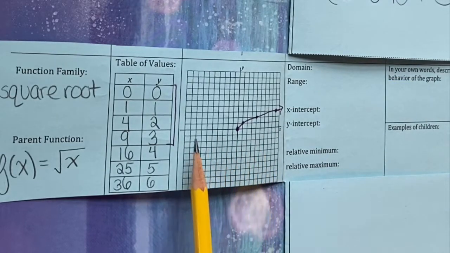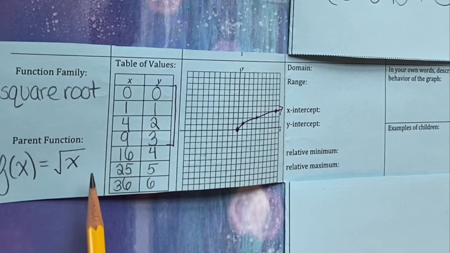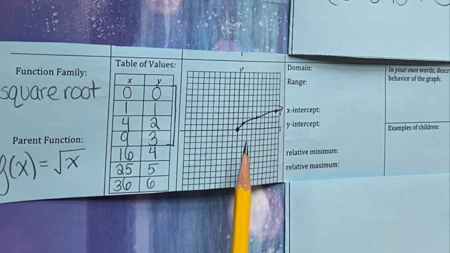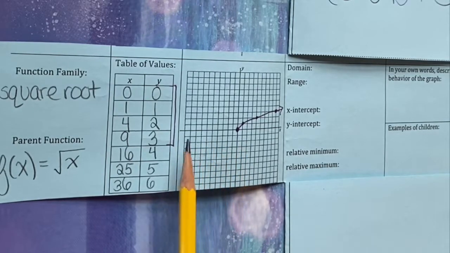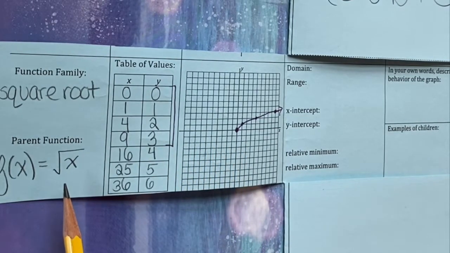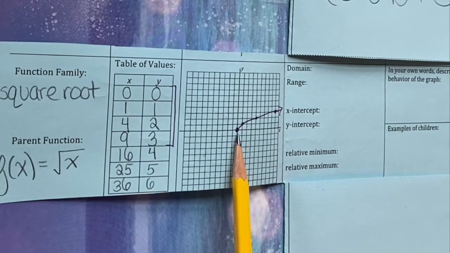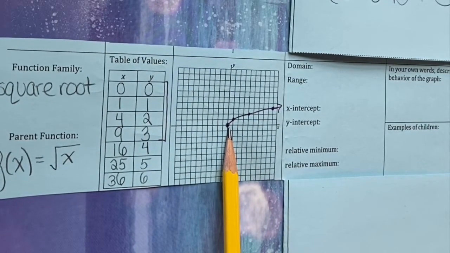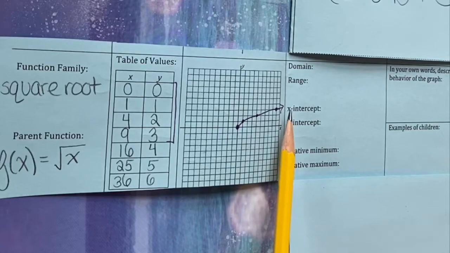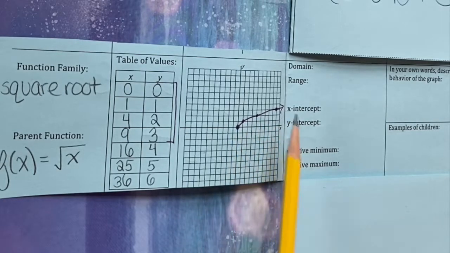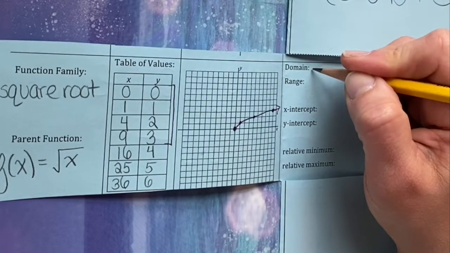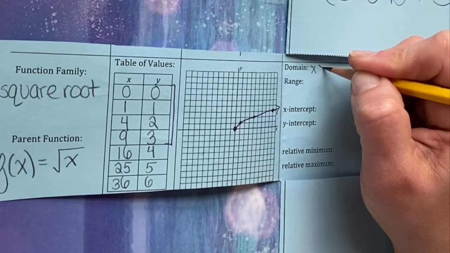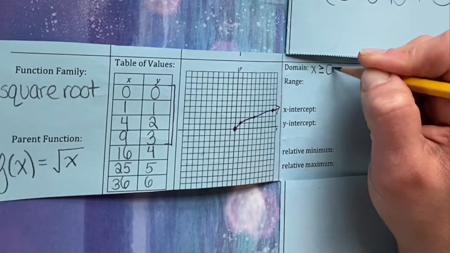So for our x values, we're kind of going back to what I was talking about before. Remember, we can't take the square root of negatives in this case. So the lowest our graph is going is 0. And then it keeps going to the right forever. So for our domain, we can write that as x is greater than or equal to 0.